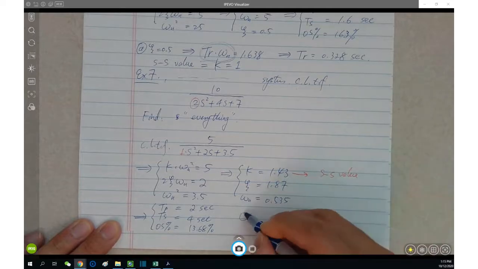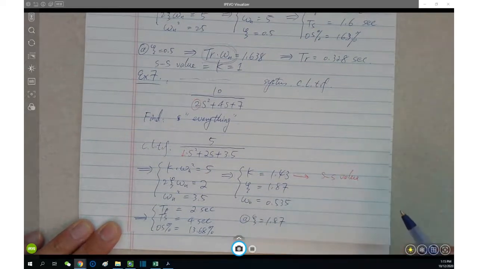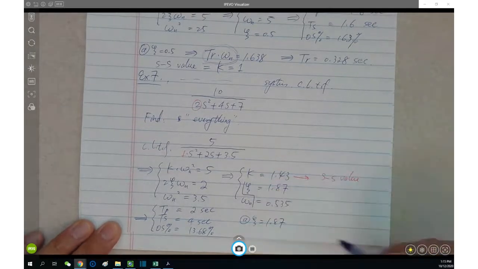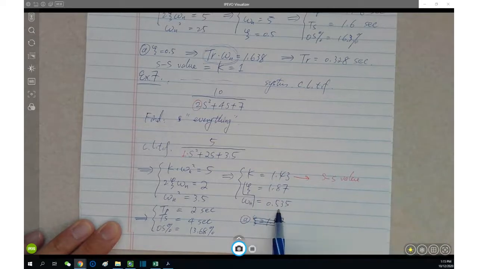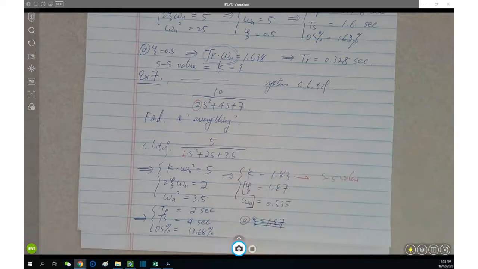And then at this particular zeta, 1.87. Oh, I'm sorry. That doesn't make any sense. Obviously, this makes no sense. Omega n equals 0.535. Okay, zeta is 0.535. I had a typo here. Zeta obviously should be less than 1.